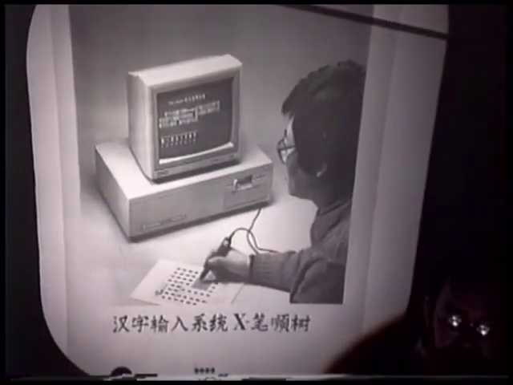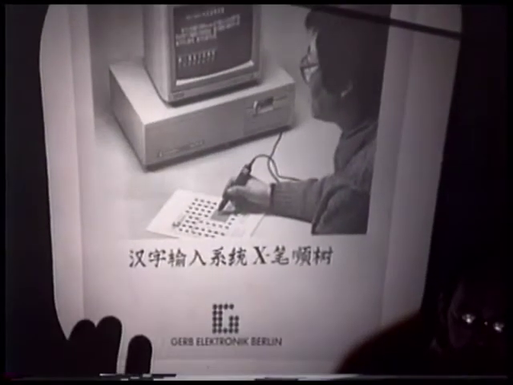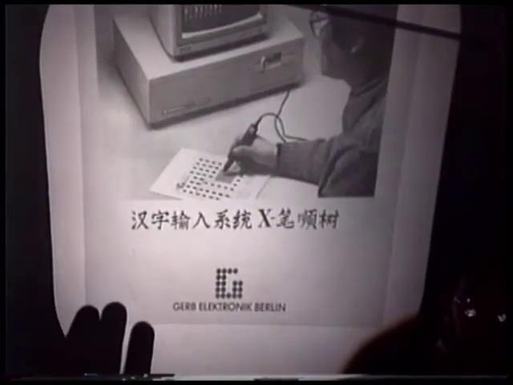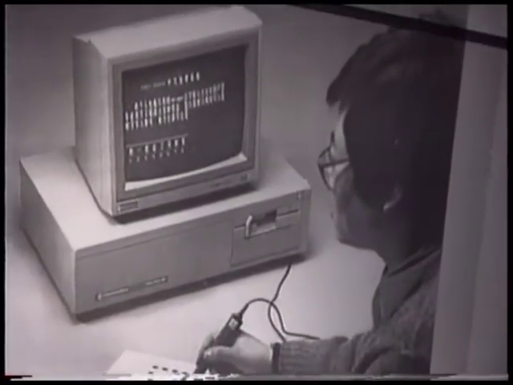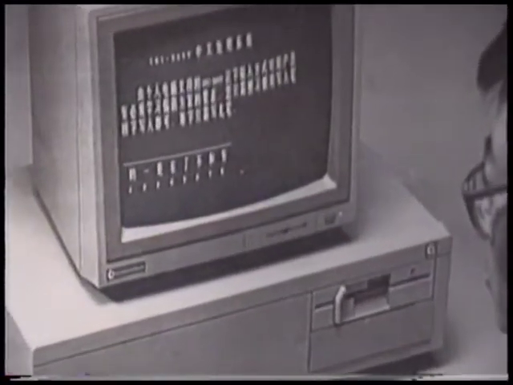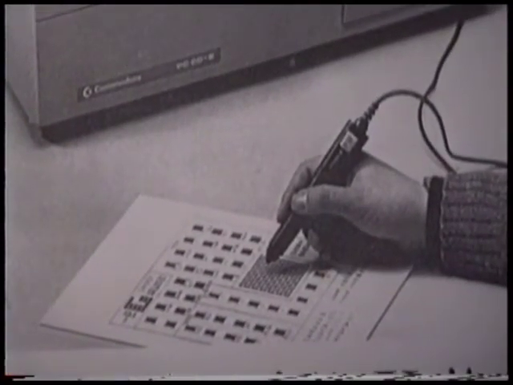This is interesting. This is a German company doing Chinese character recognition. Gewerbe Elektronik Berlin. One of the other interesting things about it is their digitizer consisted of a barcode reader, not a light pen, running over a barcode pattern on a sheet of paper, a very low-cost digitizer.